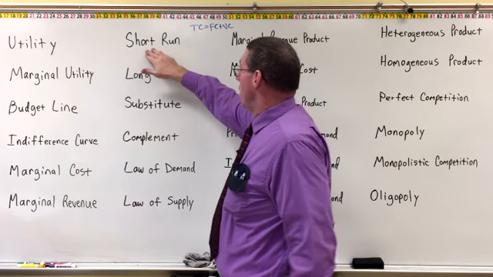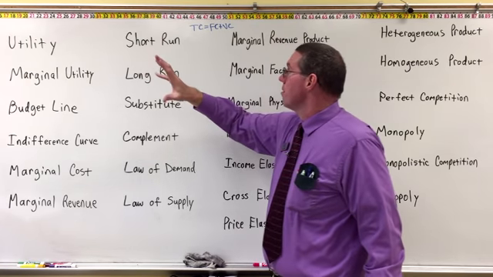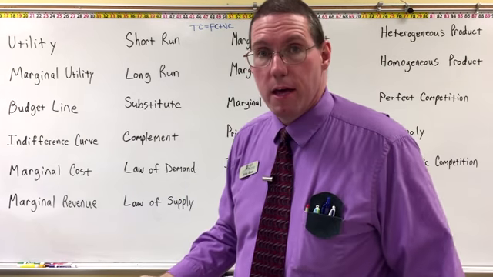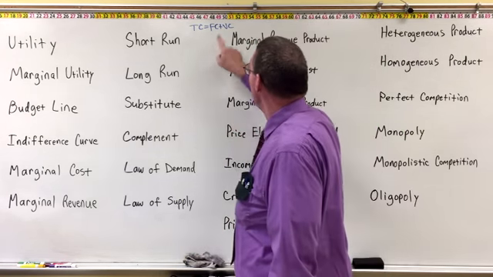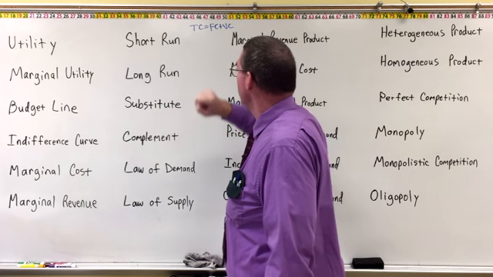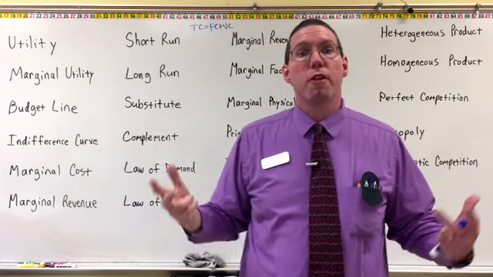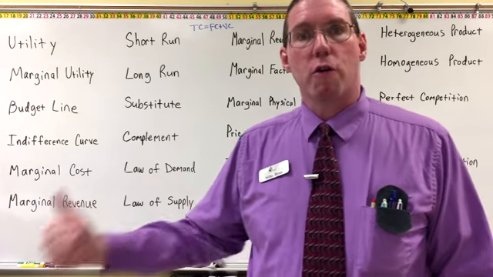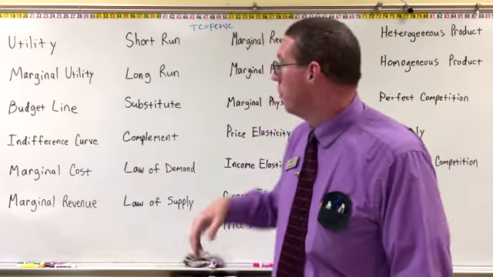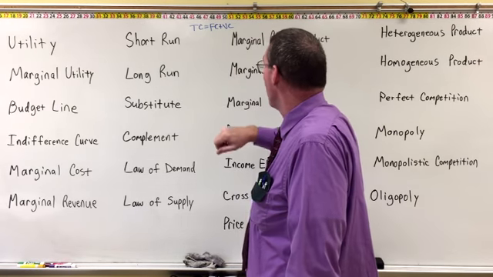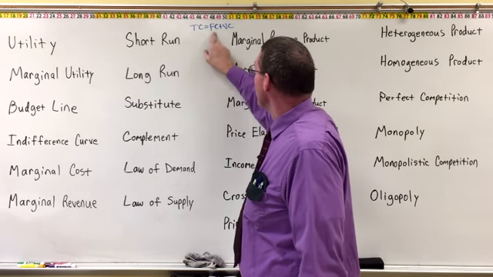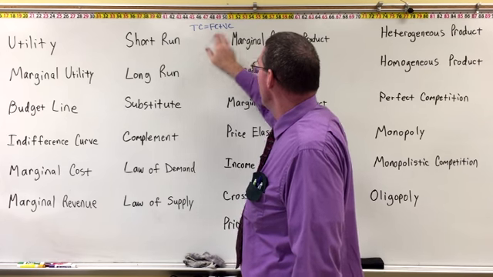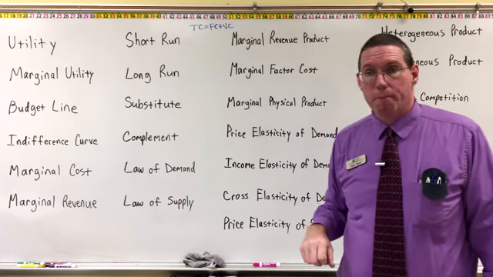The short run is a period of decision making for a business in which they have both variable costs and fixed costs. So their decision making is limited by the structure of their fixed costs and the situation of their variable costs. In the short run, businesses are limited in their decision making because some of their costs are fixed and some of their costs are variable.